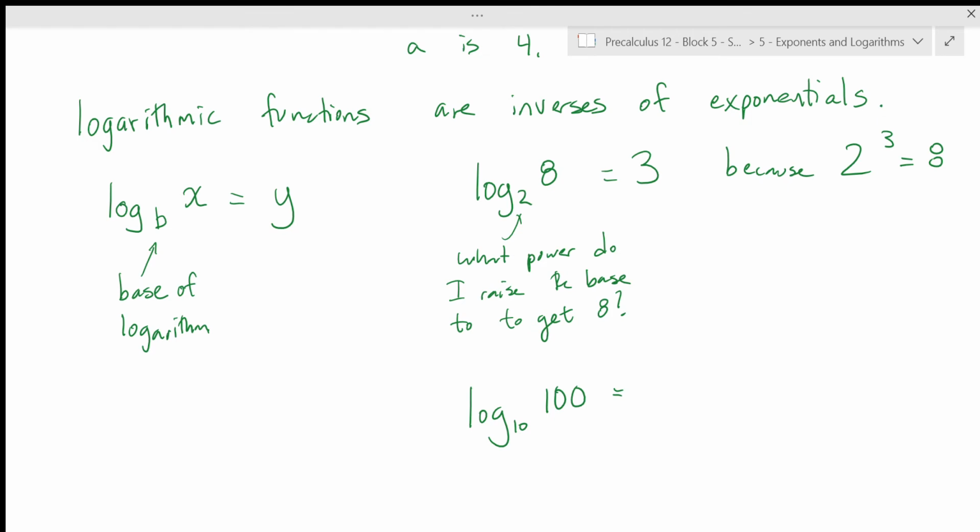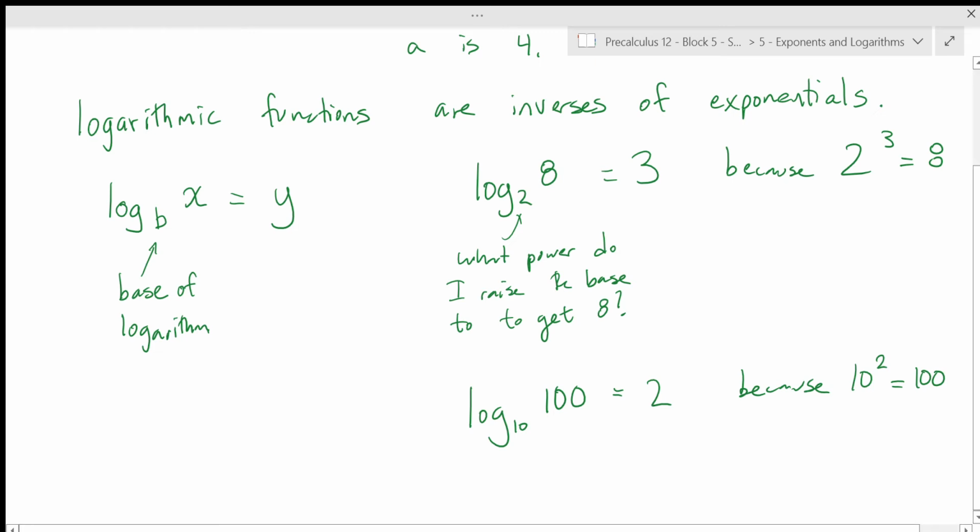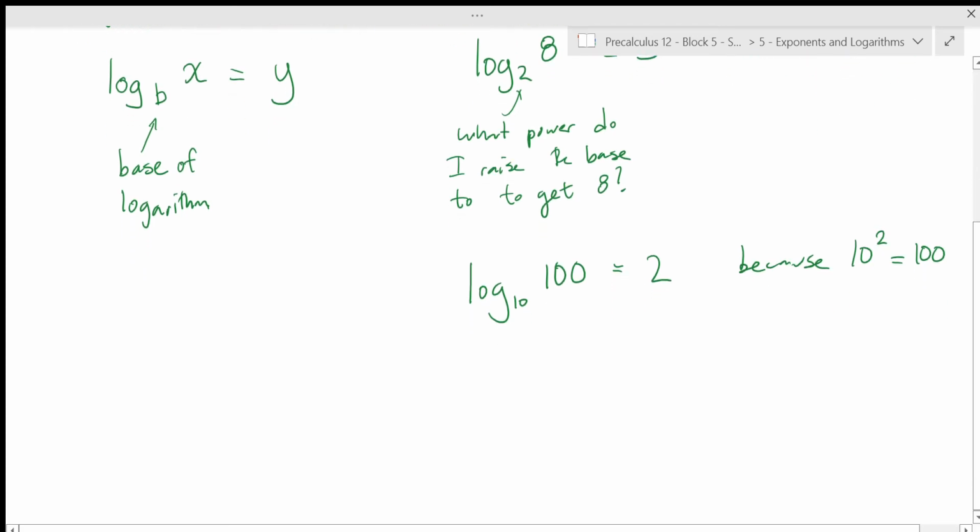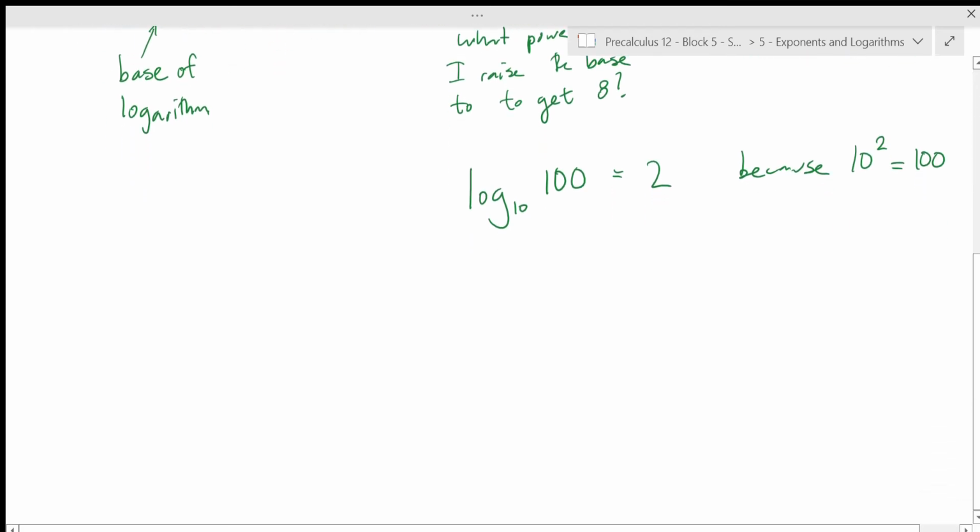Log base 10 of 100 equals 2 because 10 to the power of 2 equals 100. Okay, so it's asking you what power do I have to raise the base to get the number I'm taking the log of? Well, that's all well and good, Miss Eaton, but first of all, it still feels a little bit like guessing and checking. So how are we going to get around that?